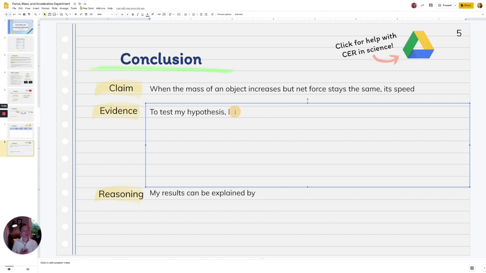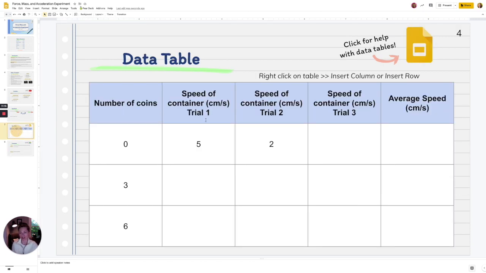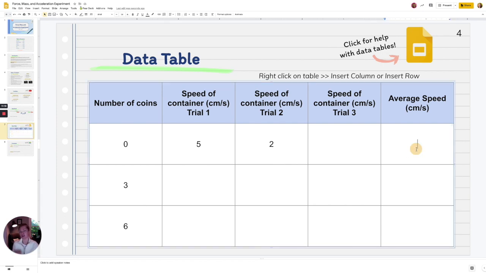So to test my hypothesis, I added coins to a container and measured how fast it traveled with the same amount of force. Then you can go into actual specific evidence from your data table. So I noticed that with 0 coins, it traveled at an average speed of 5 centimeters per second. With 3 coins, it traveled at an average speed of 30 centimeters per second, whatever it is.